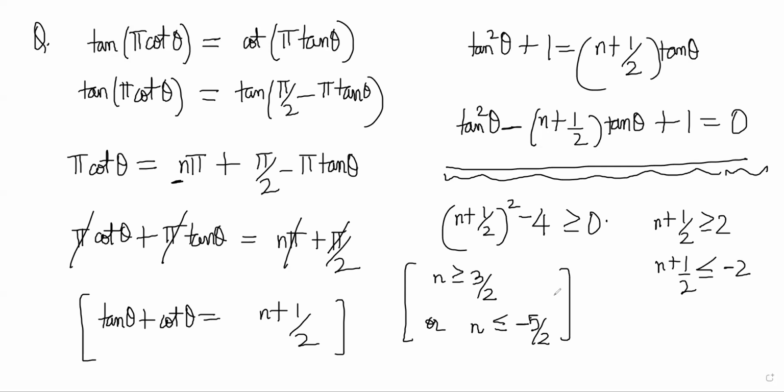So the first integer on the positive side that you get is n equal to 2, right? Yes, sir. n equal to 2, 3, 4 you will get. And on the negative side the first integer you get is minus 3, minus 4 and so on. So there are no solutions if you have n between minus 2 and 1.